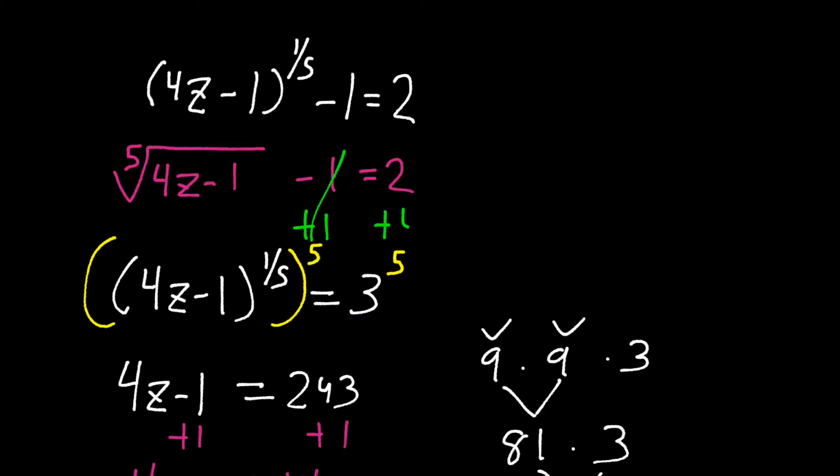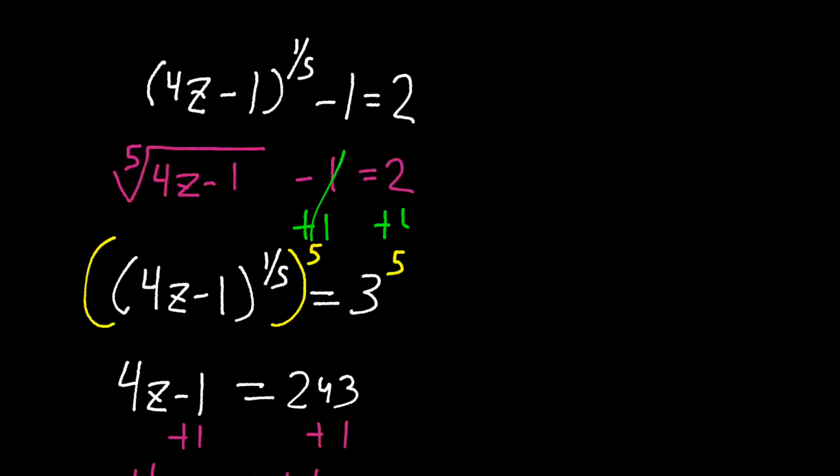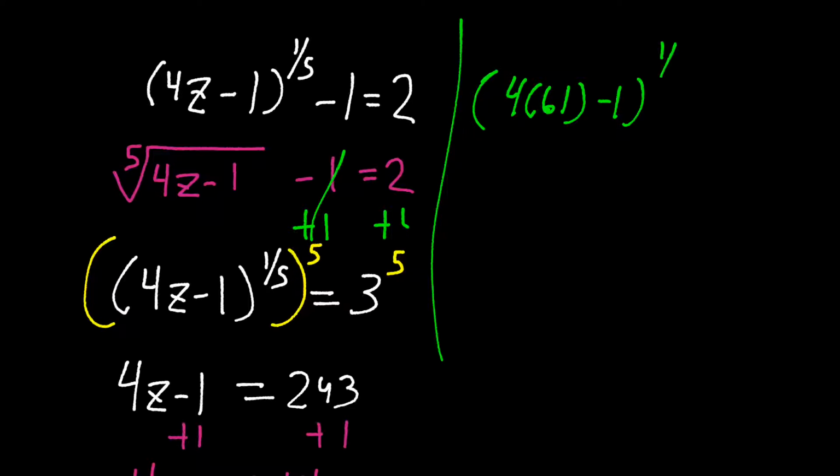Let's erase this again. So, I rewrite it. Since z was 61, we have 4 times 61 minus 1 to the 1/5 power, minus 1 equals 2.